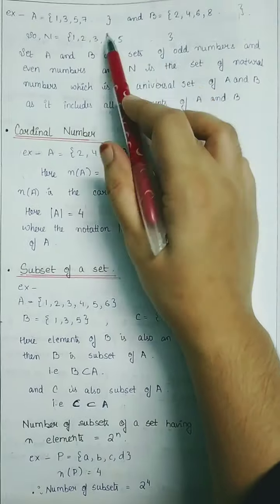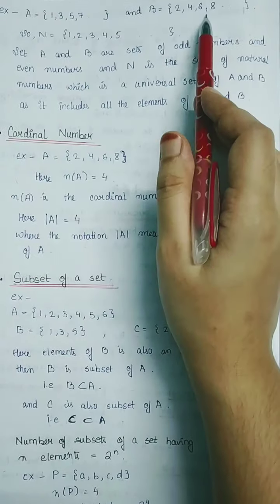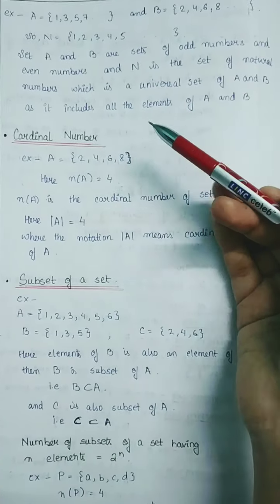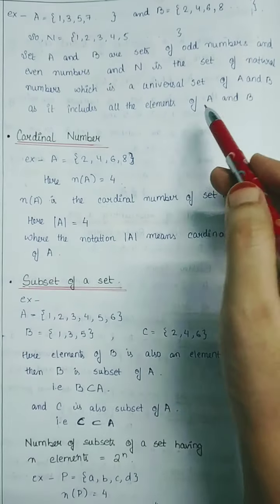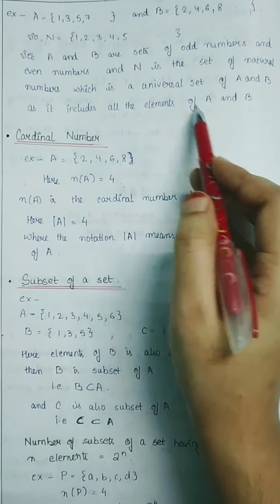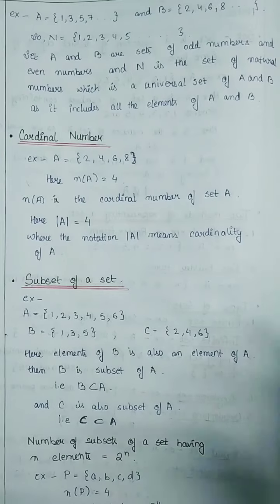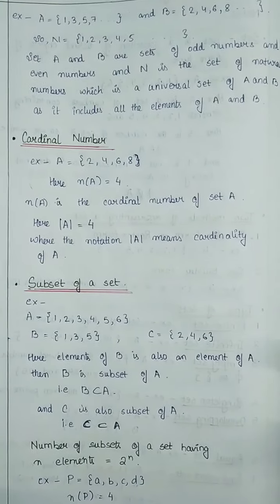Okay, so here what we can observe: A is a set of odd numbers, B is a set of even numbers, and N is a set of natural numbers. All the even numbers and all the odd numbers come in the natural numbers. So that's why N will be the universal set of both sets. The universal set is different for every different set.